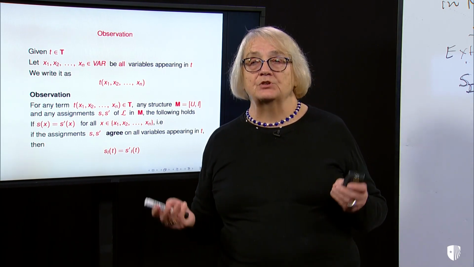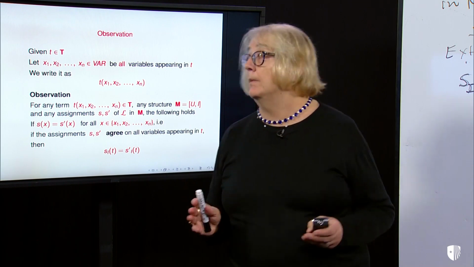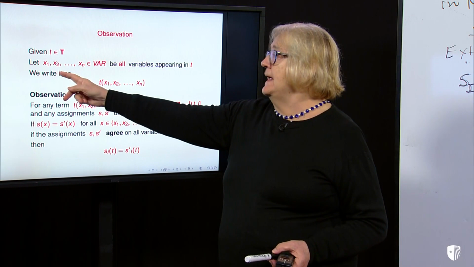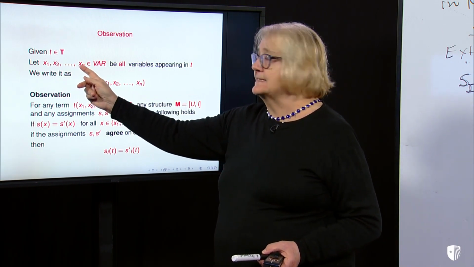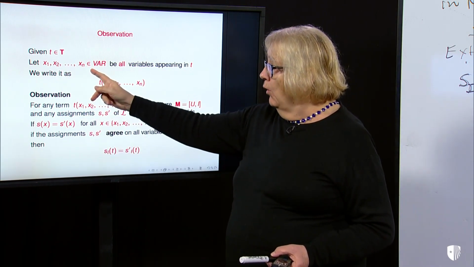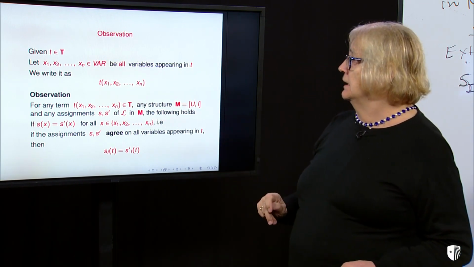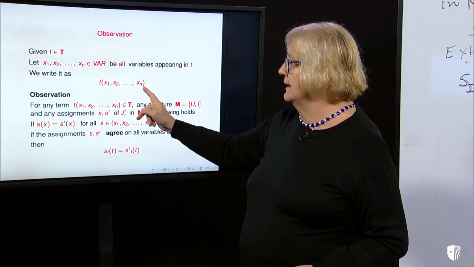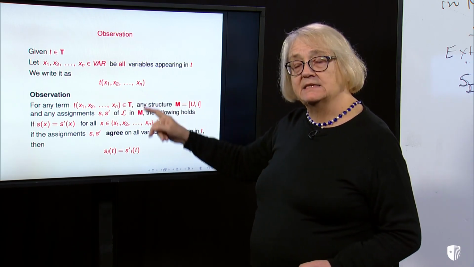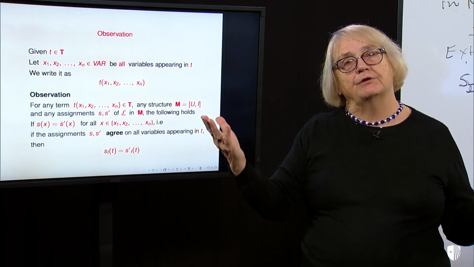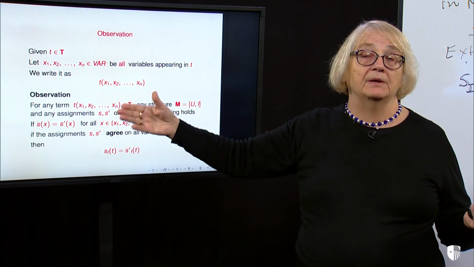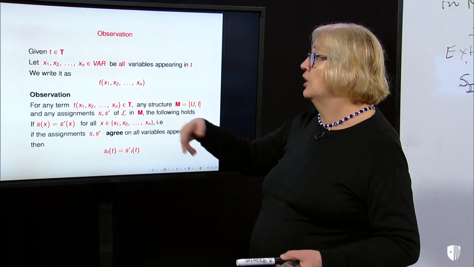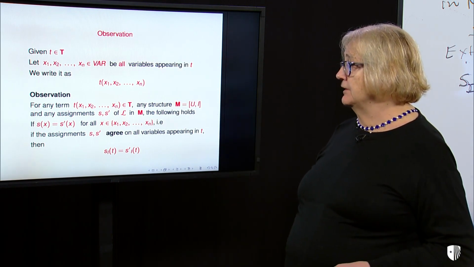So an observation, and this is also another important moment: if you take x1, ..., xn, which for a given term are all the variables in t, we write that t is t(x1, ..., xn). It is like with the propositional formula, where we wrote that a, b1, ..., bn were all the propositional variables in the formula. So these are all the variables appearing in the term.